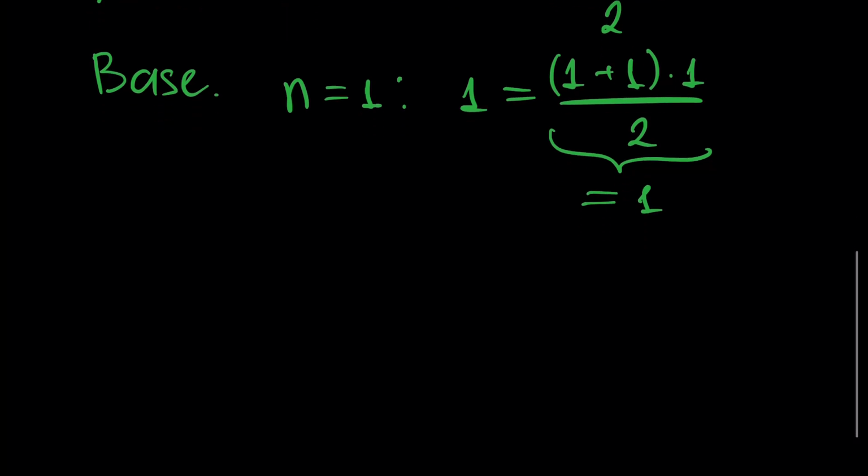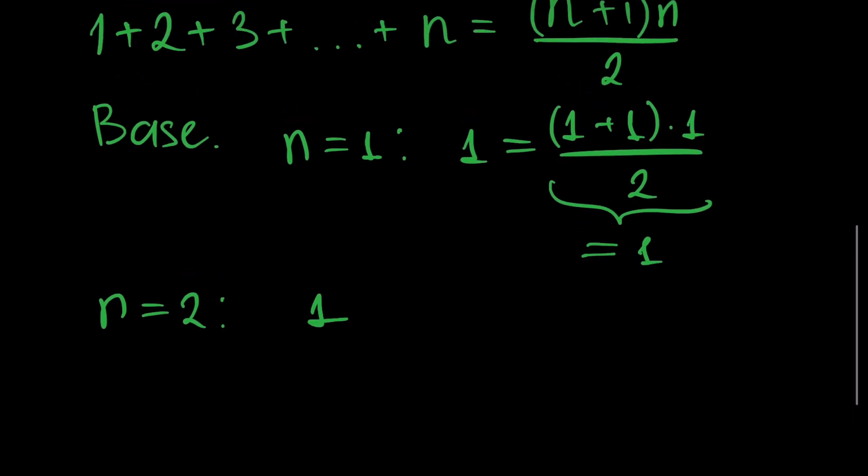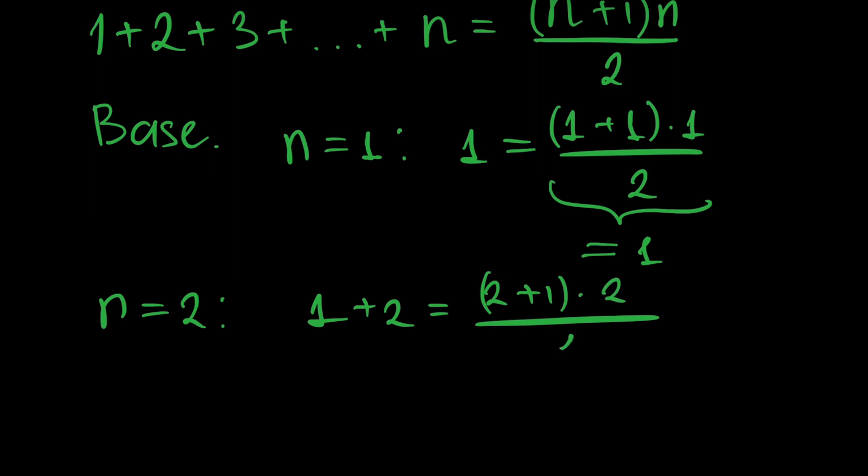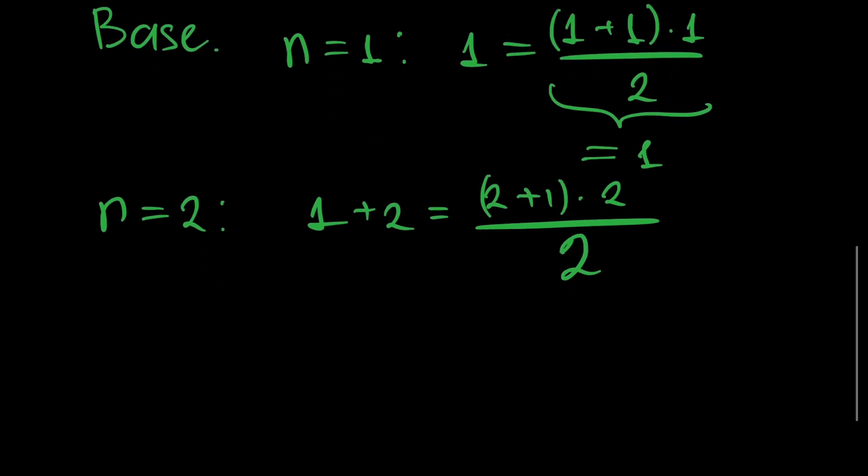So our formula is correct for n equal to 1. Let's check it for n equal to 2. We will have 1 plus 2 is equal to 2 plus 1 times 2 divided by 2. On the left side we will have 3, and on the right, of course, we also have 3.